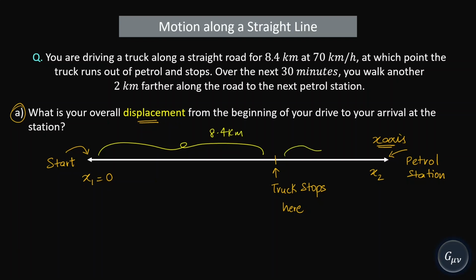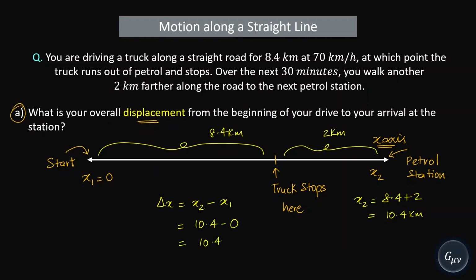And this distance, that is the distance you walked, is 2 kilometers. So the value of x2 is 8.4 plus 2, which is 10.4 kilometers, right? Now, the displacement delta x is simply x2 minus x1, which is 10.4 minus 0, which happens to be 10.4 kilometers.